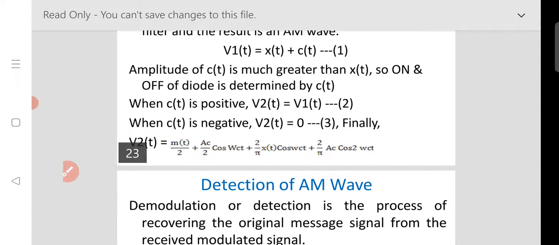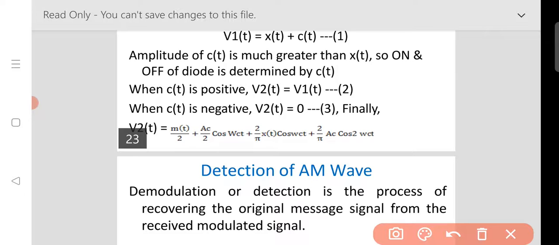When c of t is positive, v2 of t, it means the output of the diode, is equal to v1 of t, it means message plus carrier. When c of t is negative, the output of the diode is 0.